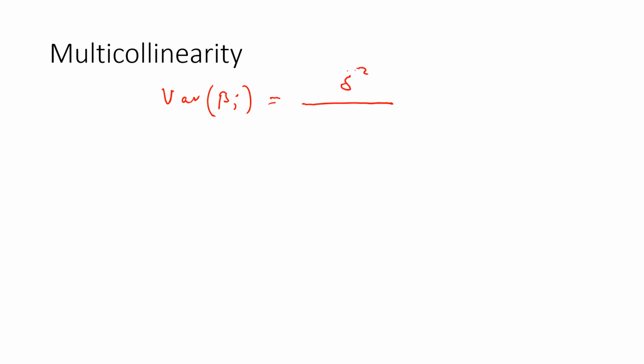The expression can again be rewritten as the variance of bj is equal to sigma square divided by the summation of xj minus xj bar, whole square, multiplied by 1 over 1 minus r square. We are just separating the r square effect out of it.